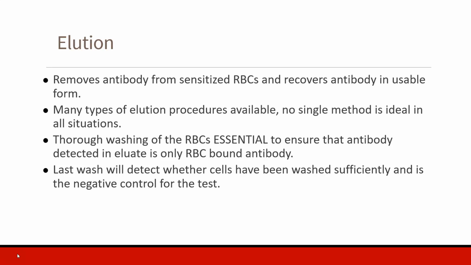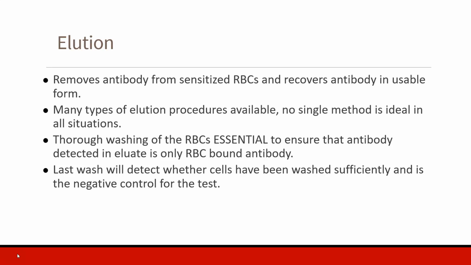After the last wash, you pipette that into a tube labeled with the patient's name, number, and eluate. Then you test the last wash control in conjunction with the eluate, side by side. The last wash control is your negative control and must be negative.